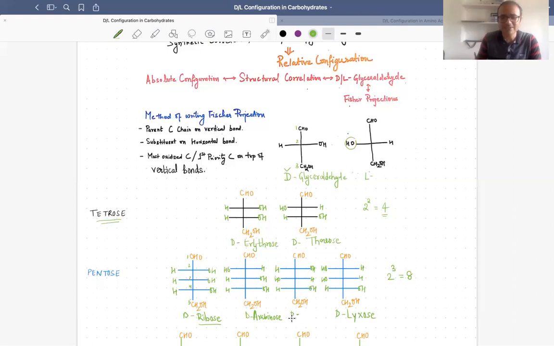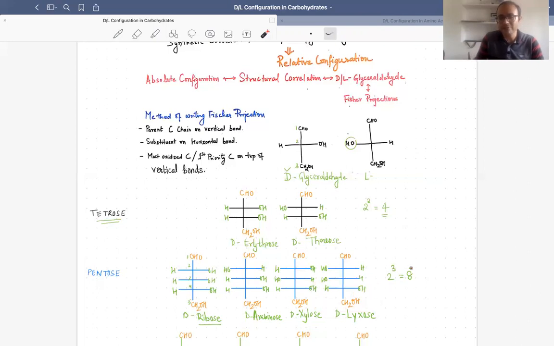So this is xylose, xylose, and this is lyxose. All of this that we have drawn just now are the D form, because the lower part, which is similar to the glyceraldehyde part, has the OH on the right side. That's why all these are the D form.